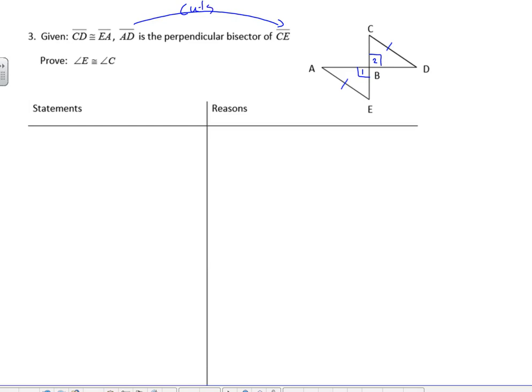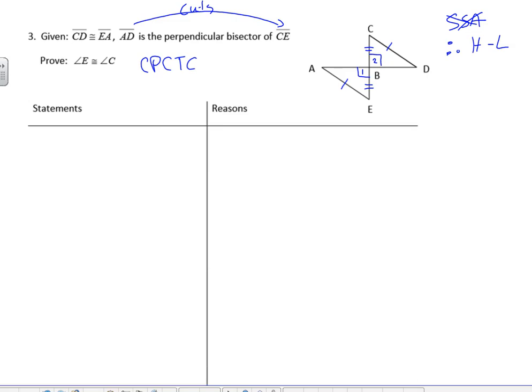CE is the one that's going to form these. So again, thought process here, we've got side-side angle, okay, so therefore hypotenuse leg. And then it says prove that angle E is congruent to angle C. Well, that would just be corresponding parts of congruent triangles are congruent.